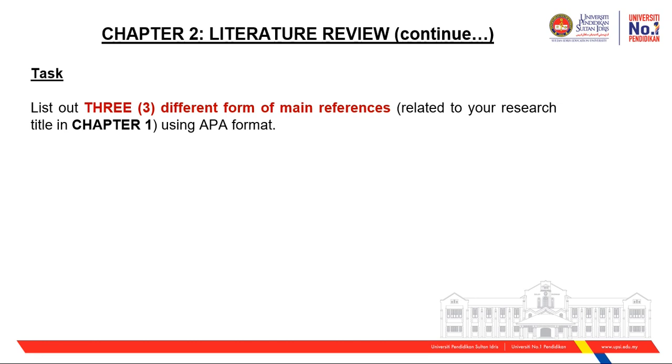You need to find further info related to your topic. That is what literature is. From there, you will know the flow of your chapter 2, your literature review related to your topic.